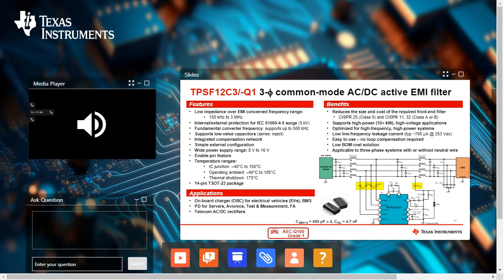The IC supports a fundamental converter frequency of up to 500 kilohertz. Applications typically use 100 to 200 kilohertz to operate. The IC has an integrated compensation network, making the additional external configuration relatively simple for stabilizing the filter.